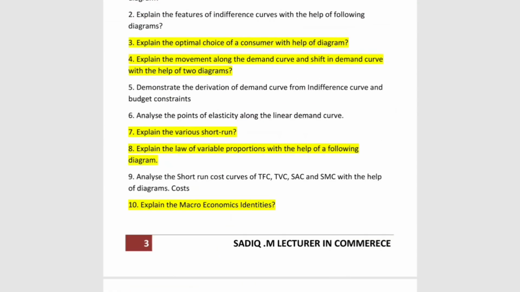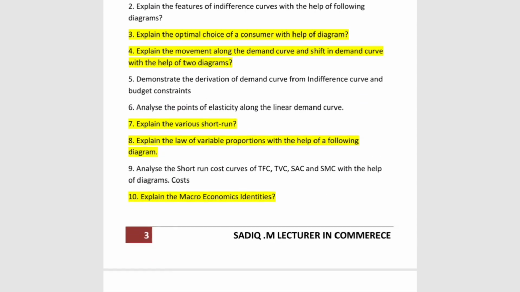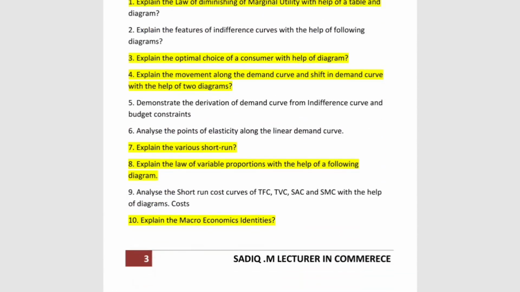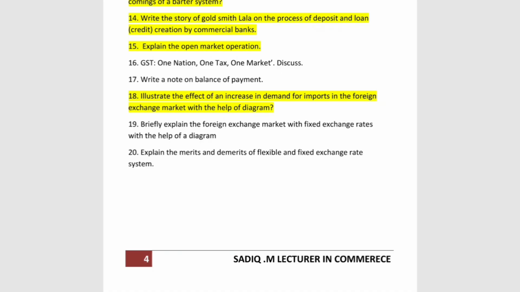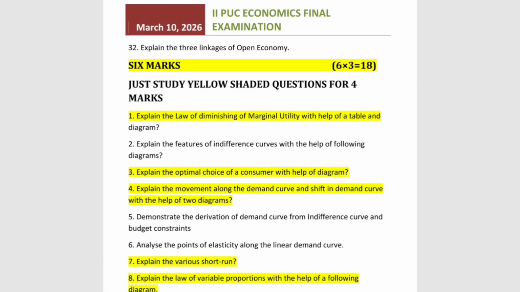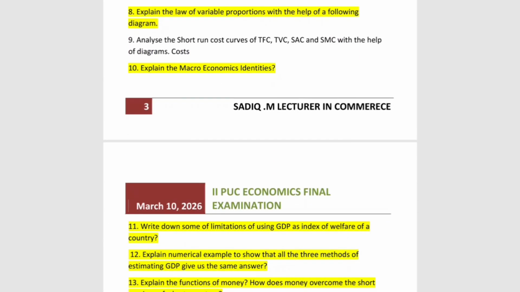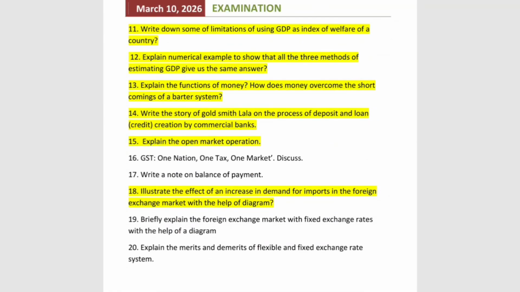If you are going to be studying the yellow shaded questions, definitely this question is going to be arising in your examination. But these 20 questions for the 6 marks are very important. From these 20 questions you can expect 5 questions. If you study these yellow shaded questions, definitely you are going to be writing 3 or 4 questions for the part D.